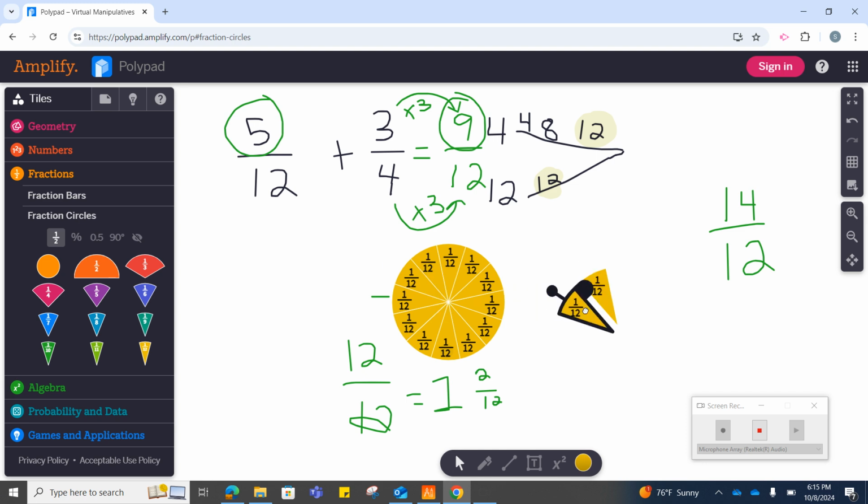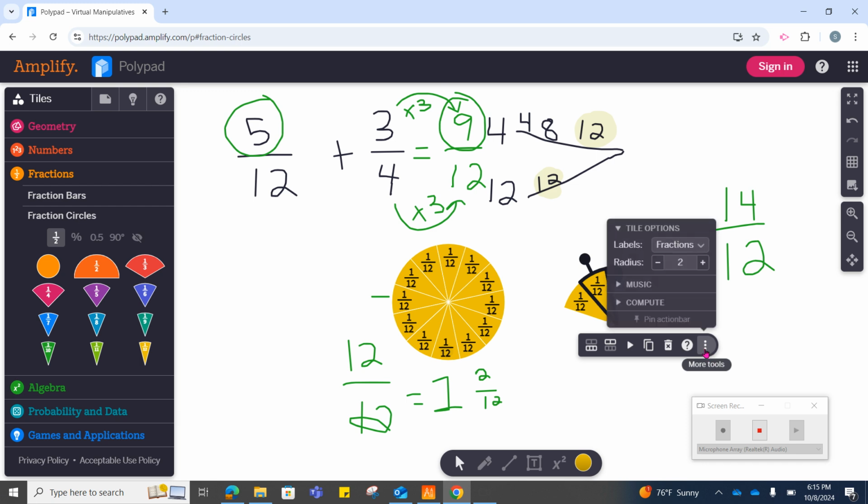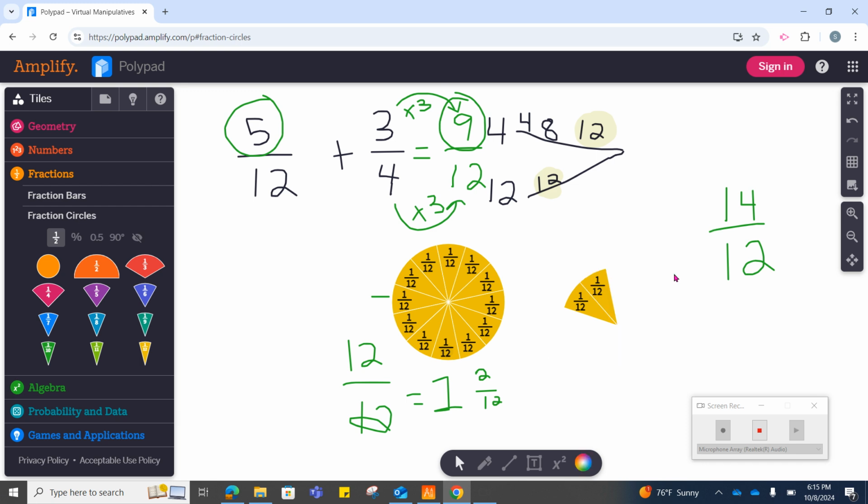And by the way, I was trying to see if this will rename. So 2/12, if I divide both of these by 2, on the top, that's 1. 12 divided by 2 is 6. So 1/6.